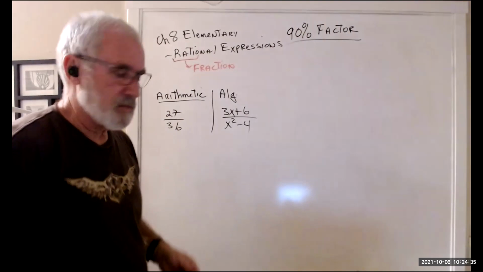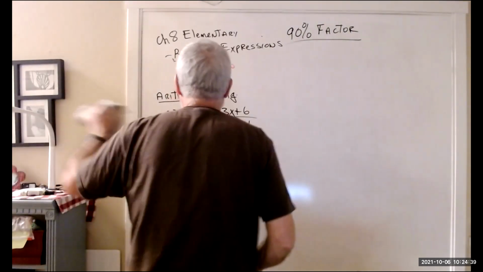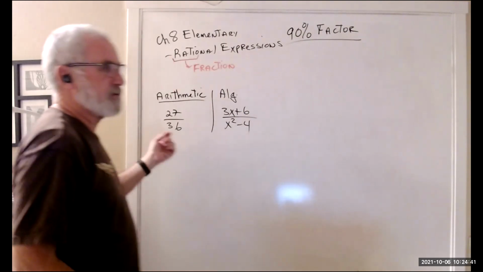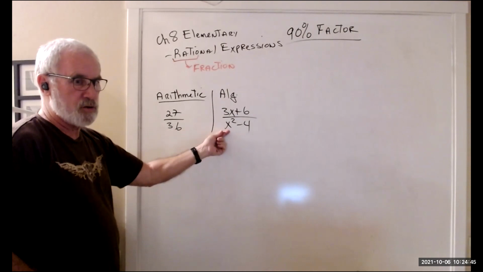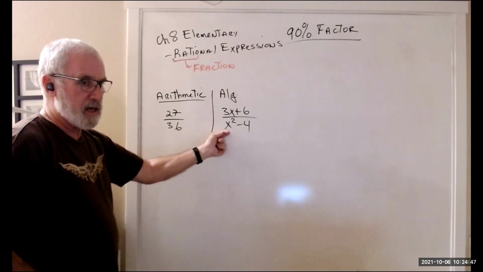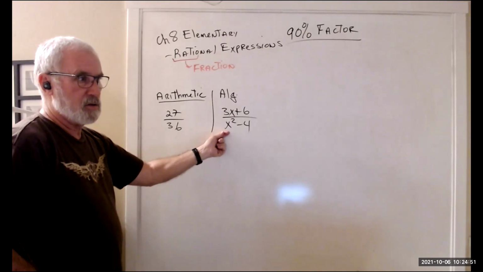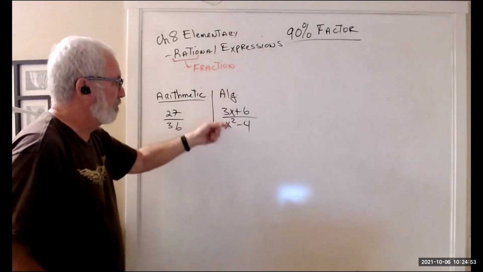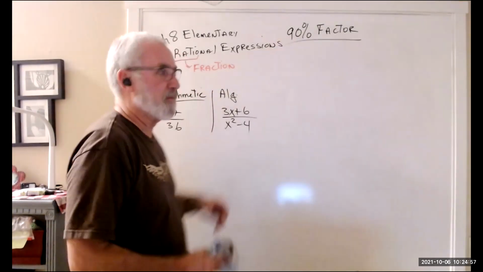All right. So with that background, do you guys understand the difference between an arithmetic fraction and an algebra fraction? We're going to be doing a lot of these. They're polynomials divided by polynomials, and we're going to have to factor.